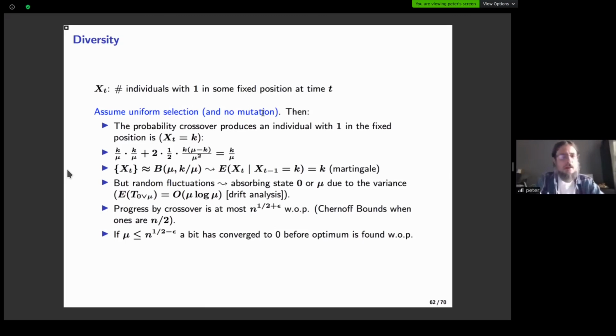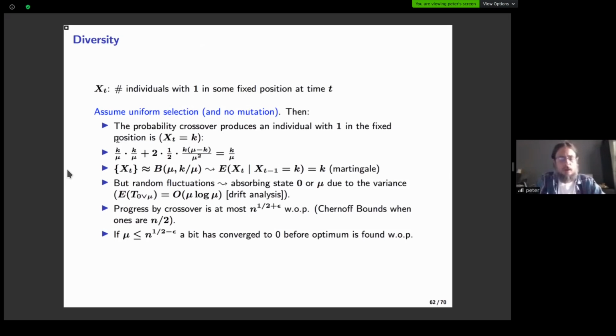This analysis was done assuming that we were using uniform selection, so that each individual is selected with probability 1 over mu. To make it work for our SGA, we need to generalize this result to the fitness proportional selection operator, and we need to take mutation into account.